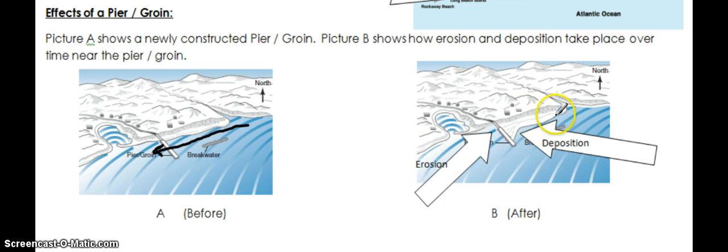And over time, you can see that since the longshore current is hitting this, all those sediments that it's carrying get dropped off on this side, and you start to rebuild the coastline. On this side, you'll see that the erosion is still taking place. So what you can do is you can start to build these groins all the way down the coastline, depending upon how bad the coastline actually is.